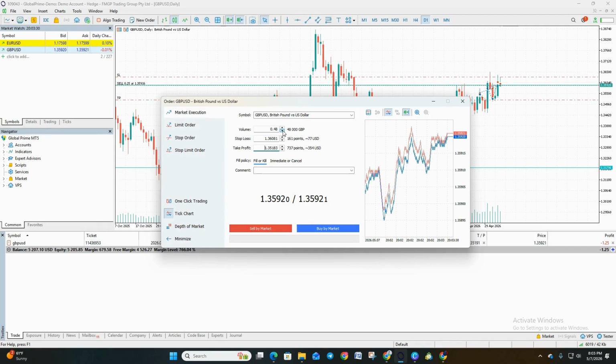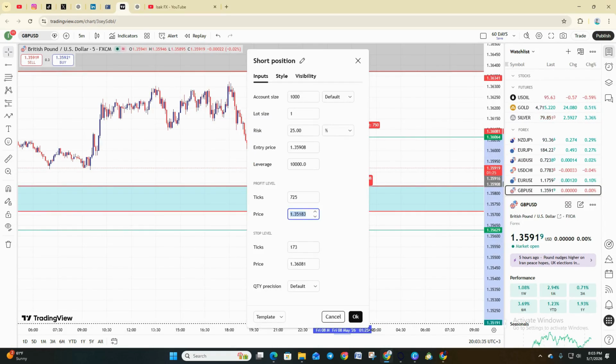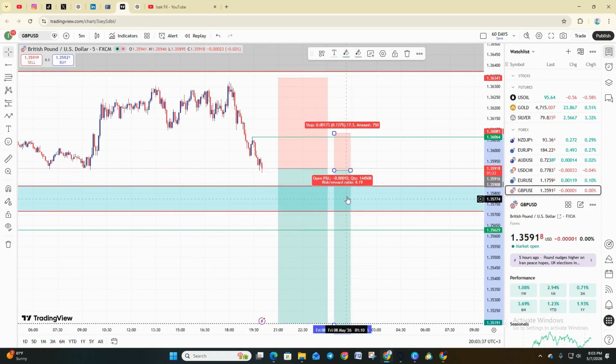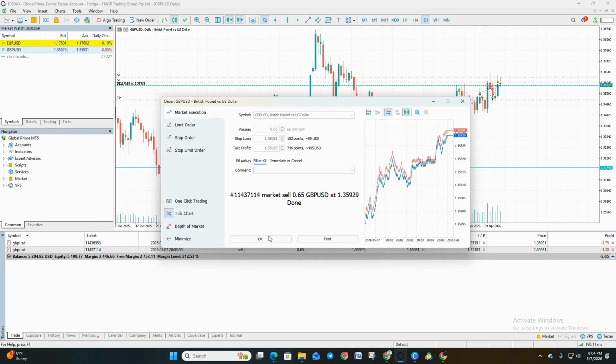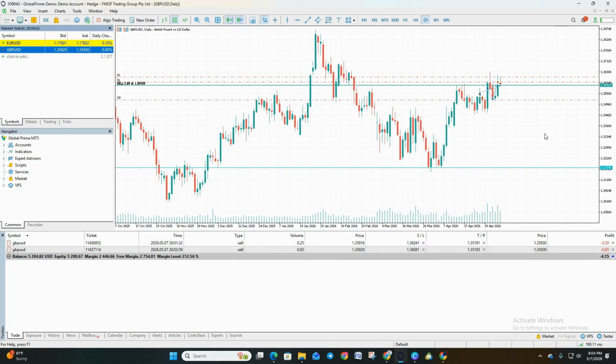Actually, let's just risk only $70. No, actually I risk $100, since I'm quite sure that this trade will go in the direction I want. So risking $100 and take profit $484.